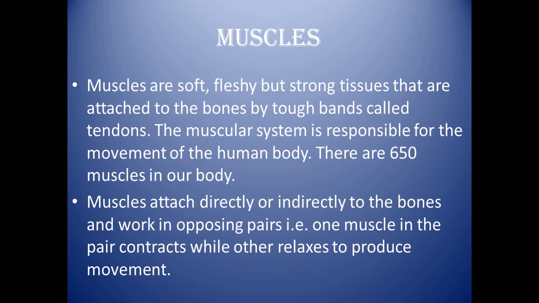There are 650 muscles in our body. Muscles attach directly or indirectly to the bones and work in opposing pairs. One muscle in the pair contracts while the other relaxes to produce movement.